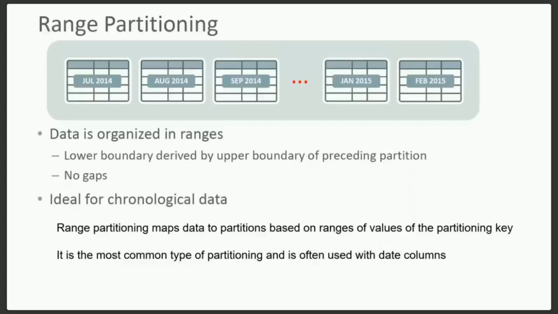This is ideal for chronological data, and it's normally used on tables that have some kind of date column. It's also one of the most common types of partitioning you will see. What you can't have with partitioning by range is gaps.